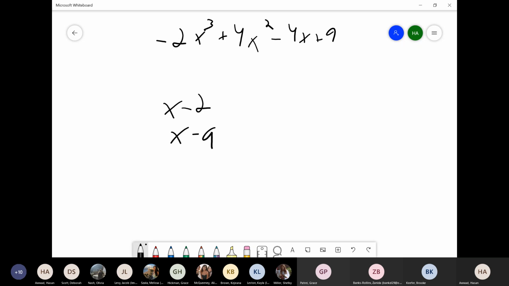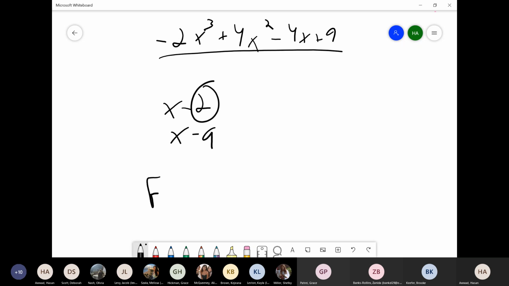But if we get any number that's not a 0, then it's not a factor, because that number is indicative of a remainder. So plug in your 2 into your big long polynomial and see what number you get. If you get any number other than a 0, you have shown that x minus 2 is not a factor.